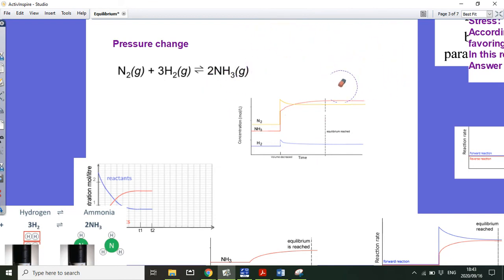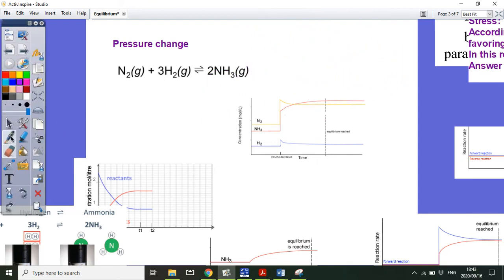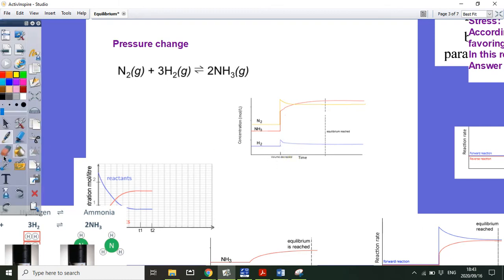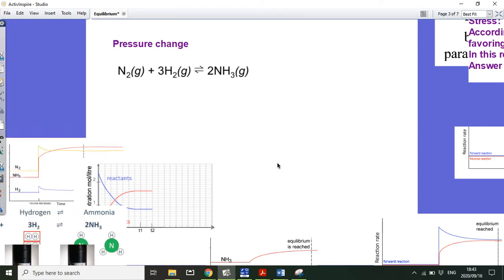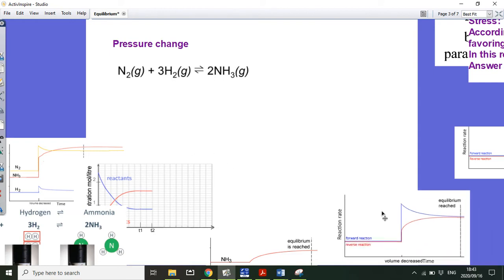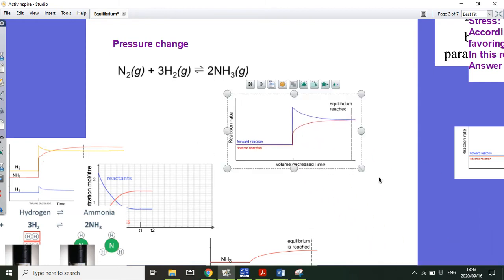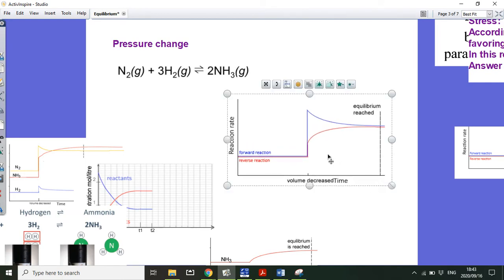Now we just need to look at what the rate graph is going to look like. So let's keep with the scenario where the volume was decreased. If the volume was decreased, remember my pressure was increased, and all the concentrations go up. And if you remember from the previous chapter, if concentration goes up, both reactions will go up first.